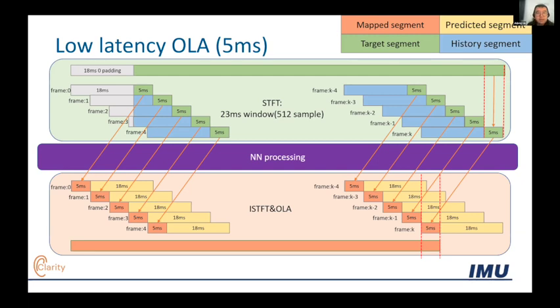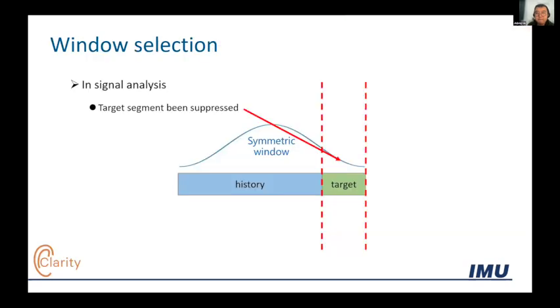In this way, the delay of the system is determined only by the size of the frame shift, which allows us to use large window lengths to ensure good frequency resolution. And it's not only beneficial to speech spectrum modeling, but also crucial for spatial information-based speech enhancement.